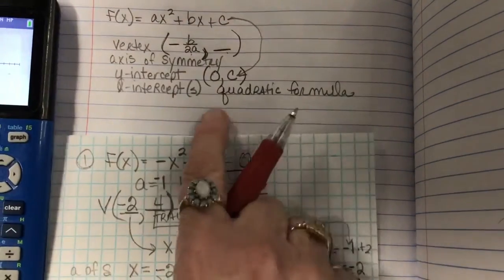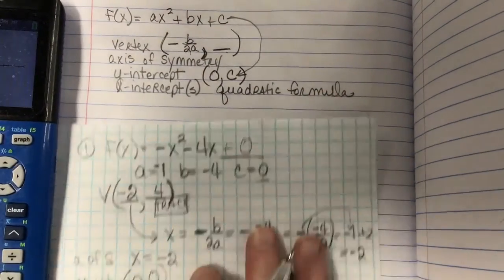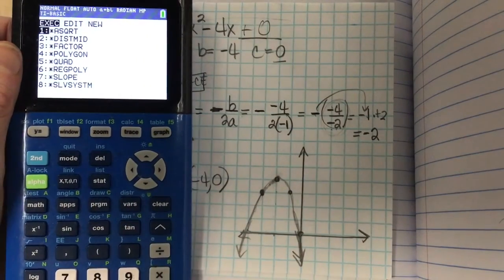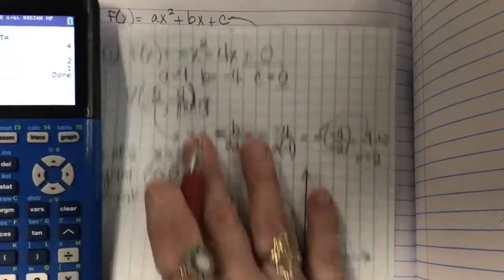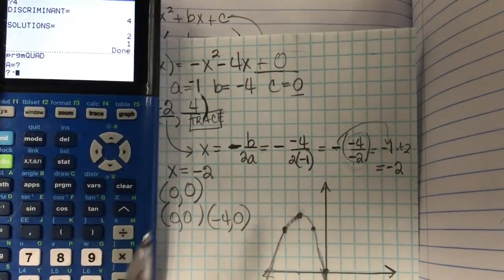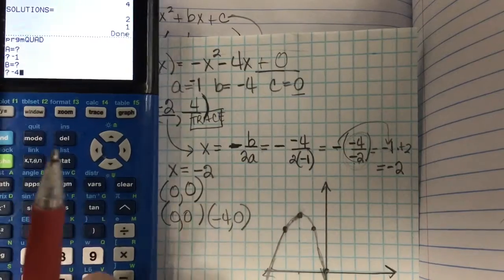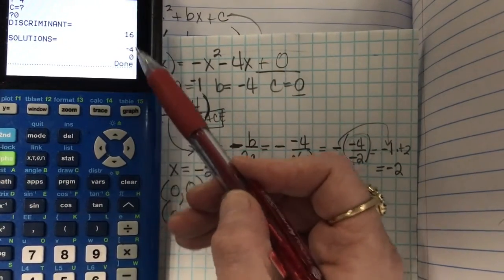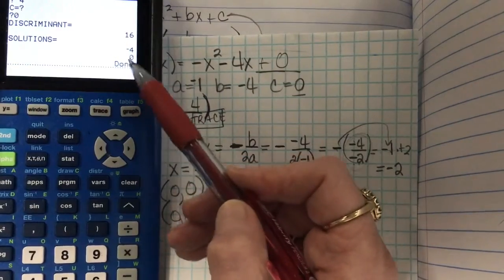And you can do the quadratic formula. You can just do program, just like you did on quiz today. Quadratic, and the ABC was -1, -4, 0. -1, -4, 0. And look, it tells me the two x's are negative.